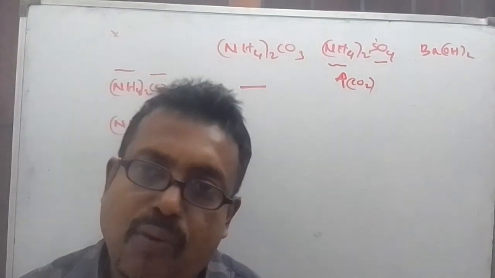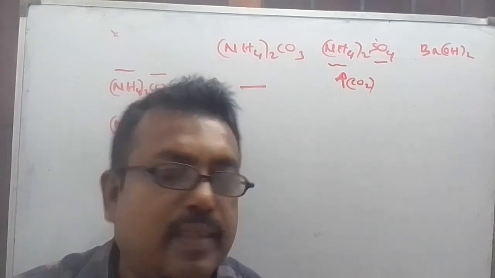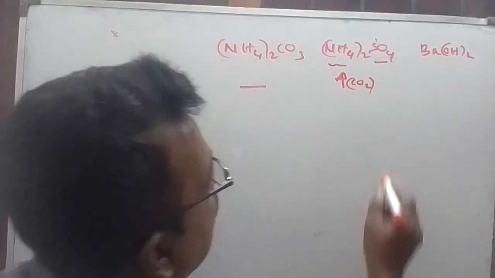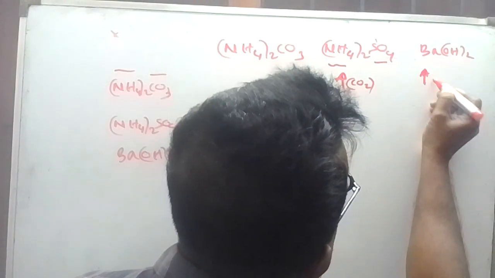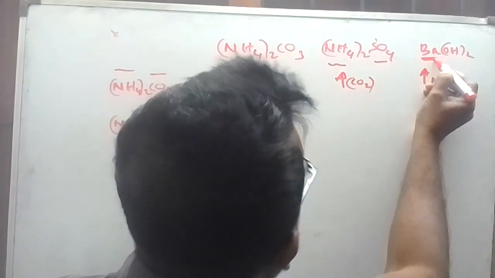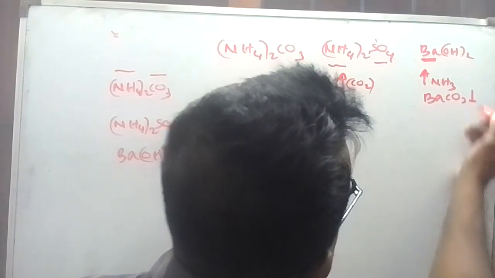Barium carbonate can form, and upon the addition of barium hydroxide into the ammonium carbonate, ammonia is released. The gas is ammonia, and also barium reacts with carbonate to make barium carbonate precipitate.